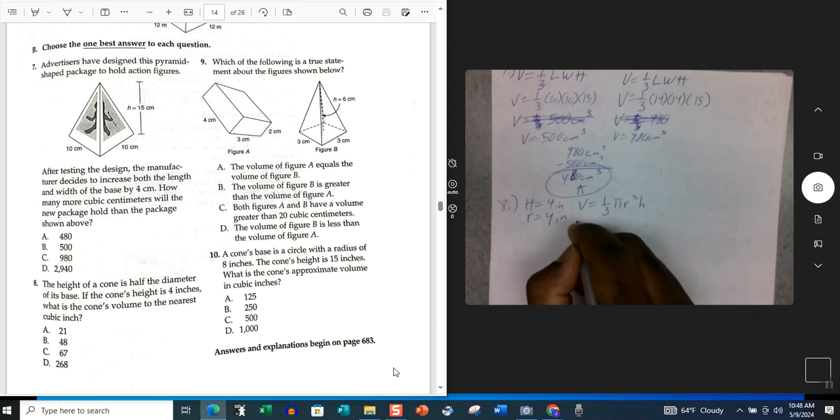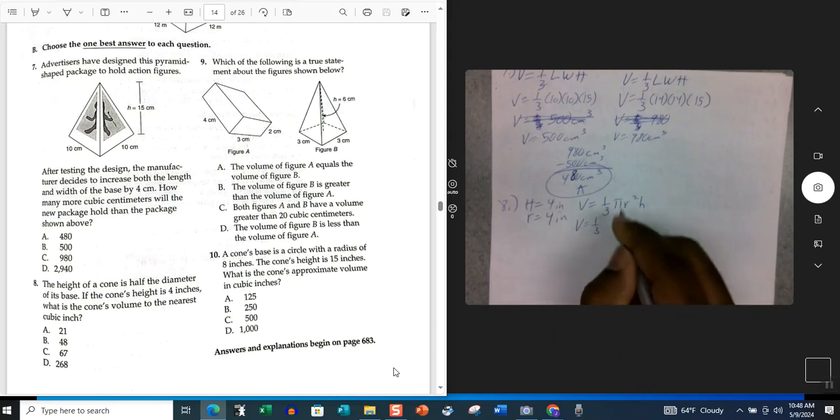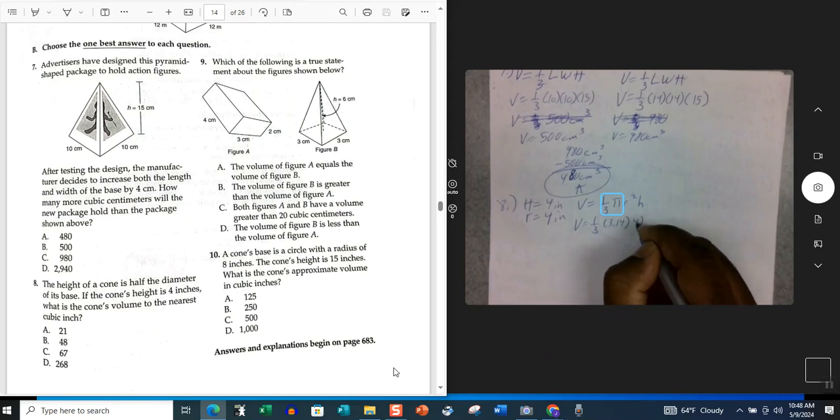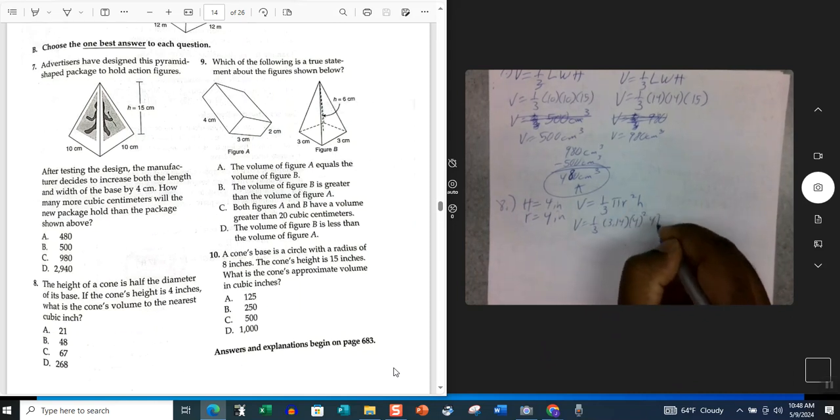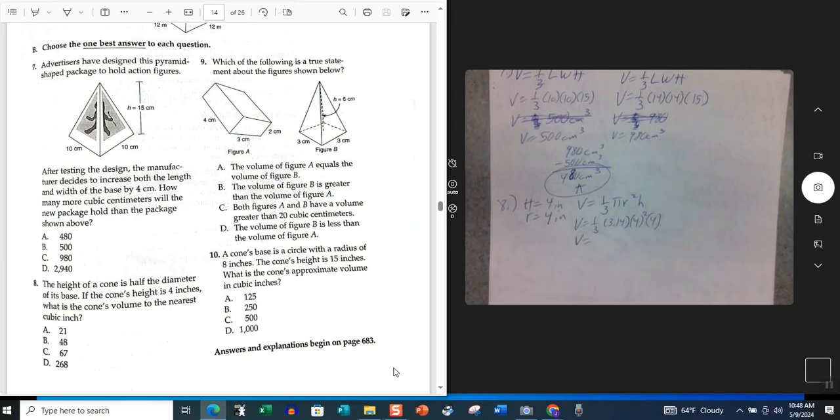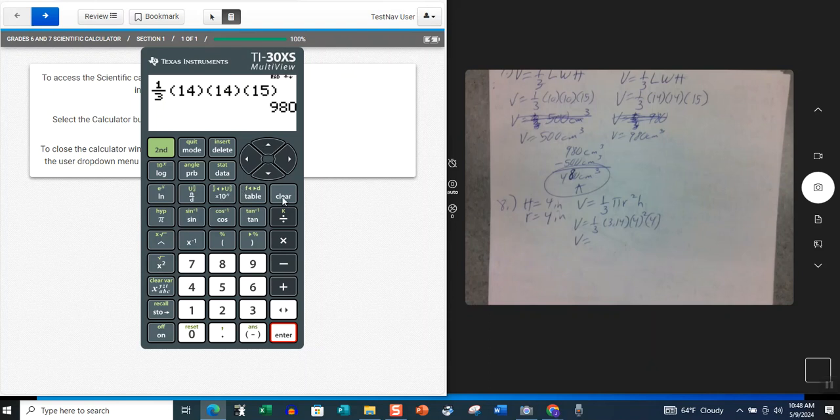So now we have the volume is equal to 1/3, pi is 3.14, the radius is 4, and the height is 4. Now we could put this in our calculator because they want to find the volume.